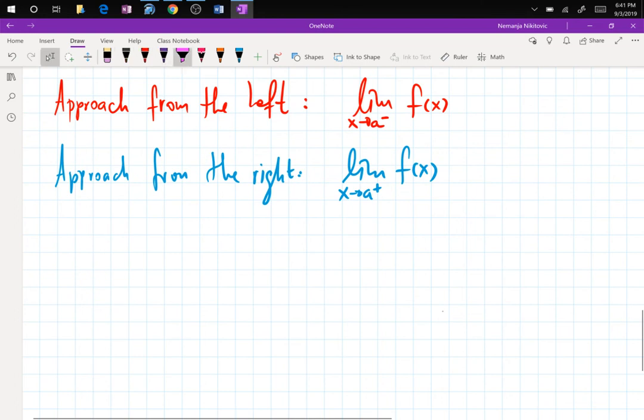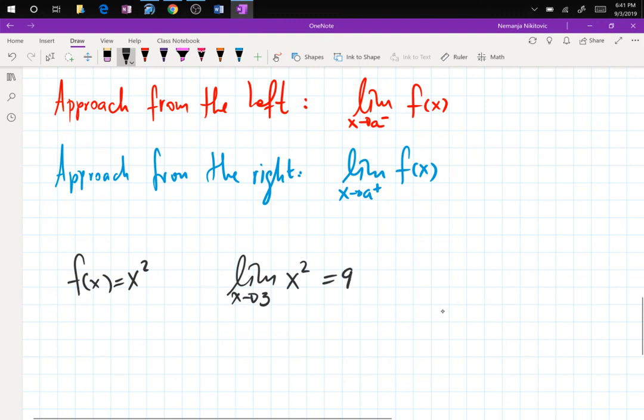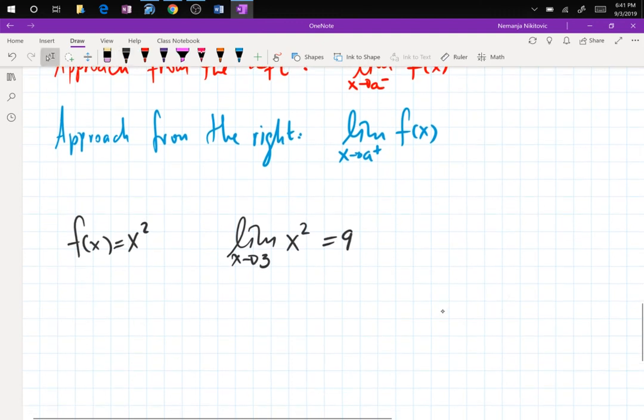So what we discovered earlier in our example when we considered f of x equals x squared, we said that the limit as x approaches 3 of x squared is 9. Well, that had in that chart, right, the left approach, right, and the graph, left and right approach.